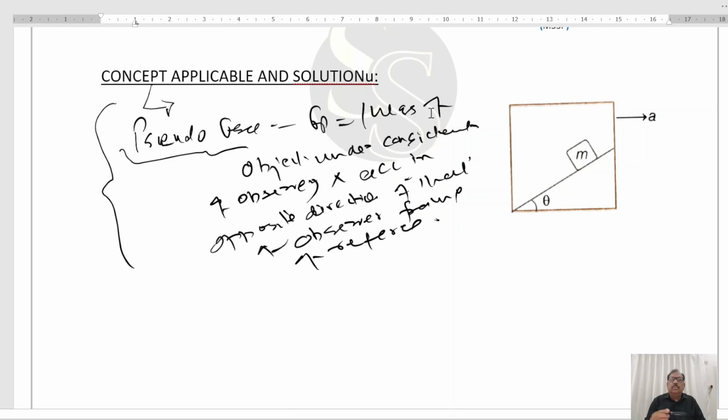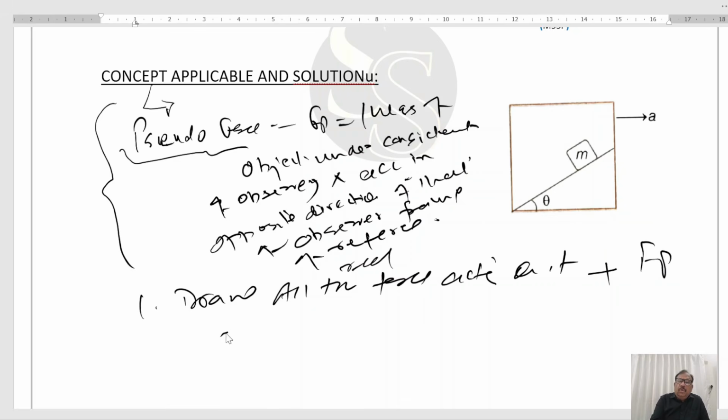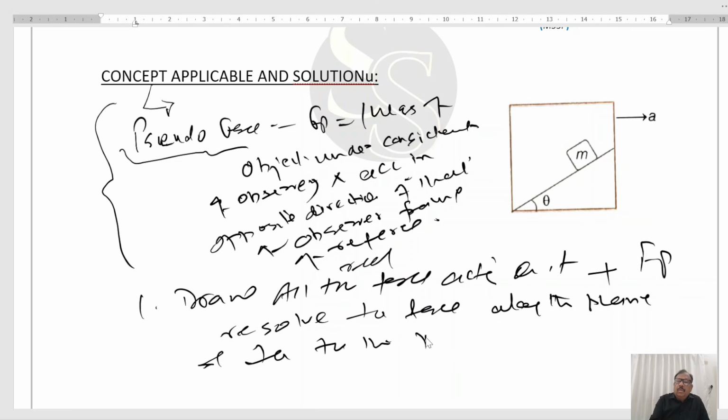Now, first draw all the real forces acting on it, plus pseudo force, right? Resolve the forces along the plane and perpendicular to the plane.